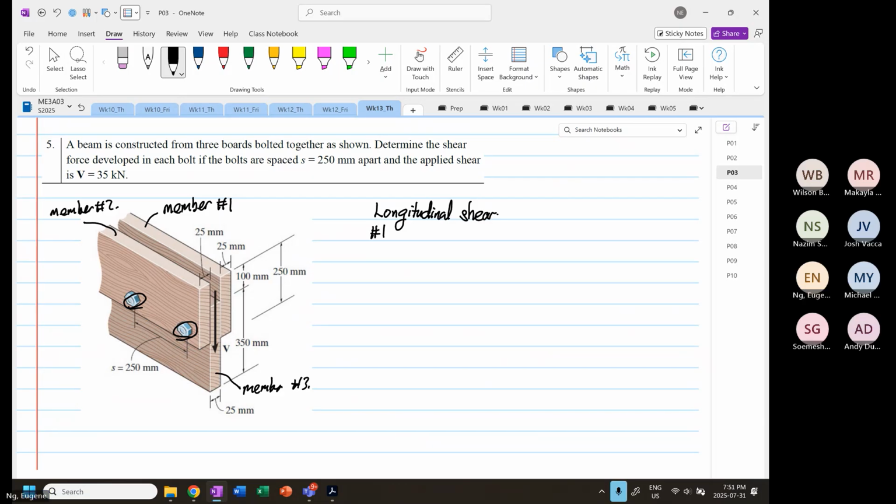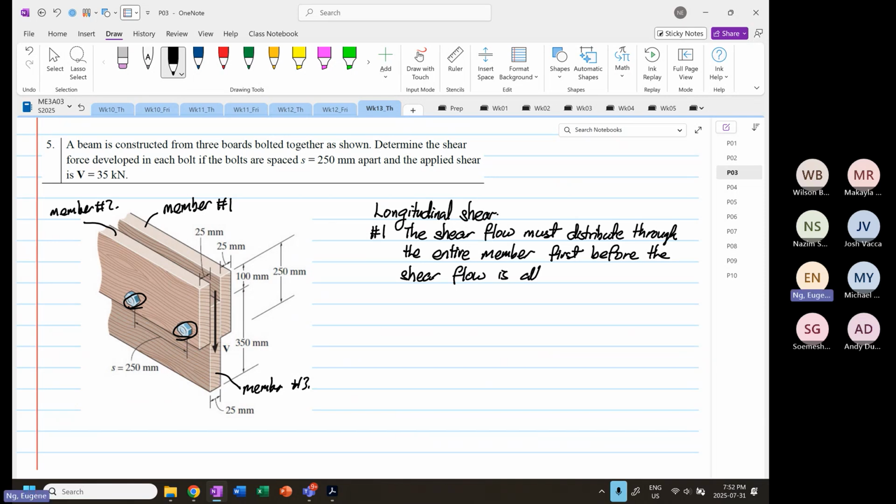Number one, the shear flow must distribute through the entire member first before the shear flow is allowed to transmit the load or the stress to the other member.